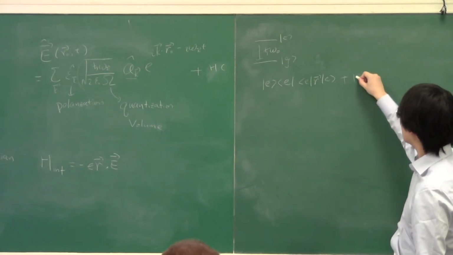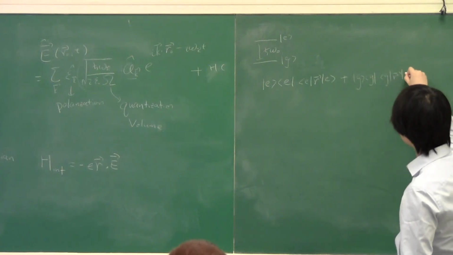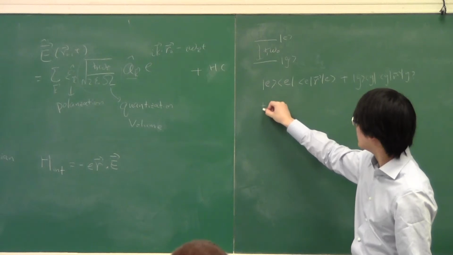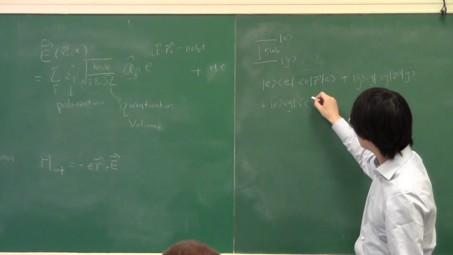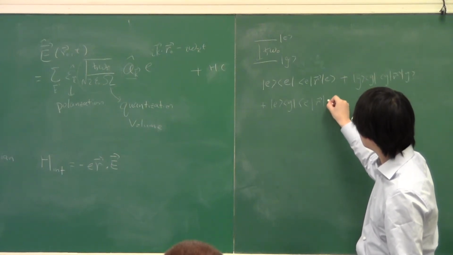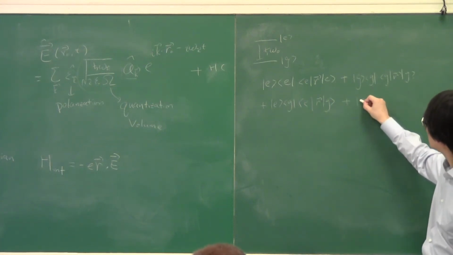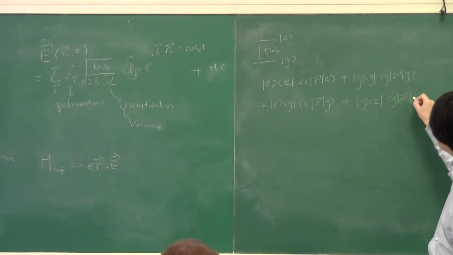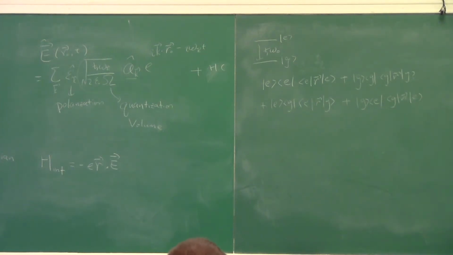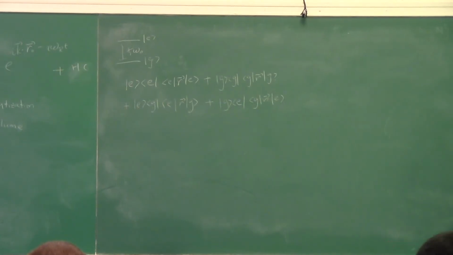And then adding the ground state term. Remember, this is just how you represent an operator using its matrix elements.